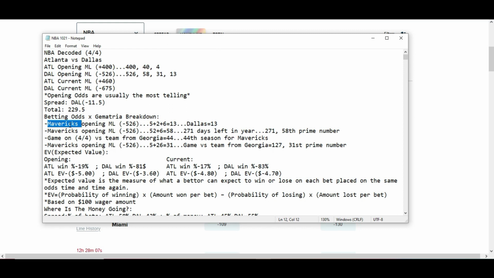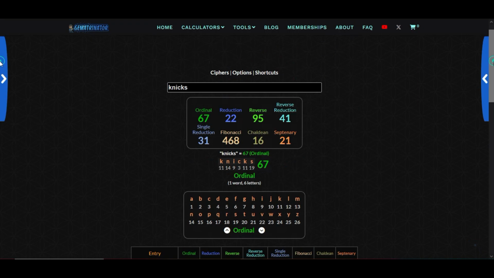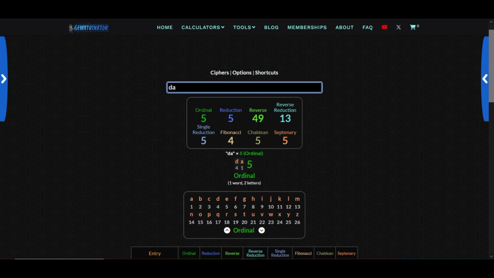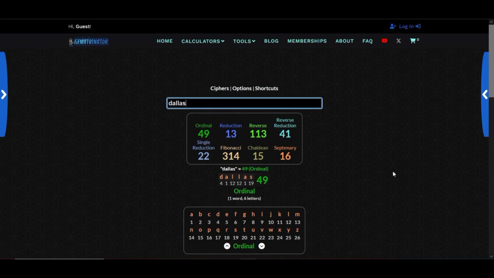The Mavericks opening money line is minus 526. 5 plus 2 plus 6 equals 13, and Dallas equals 13. Where am I getting that from? If you apply Gematria to the word Dallas, apply reduction, it equals 13. That means you separate the double digits and add them together. For example, S is the 19th letter.